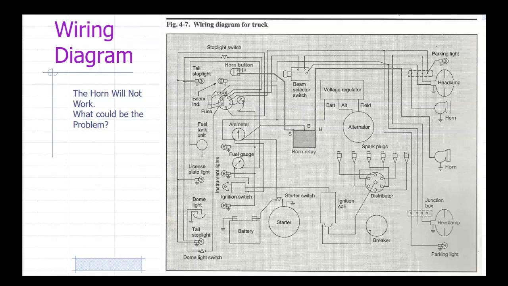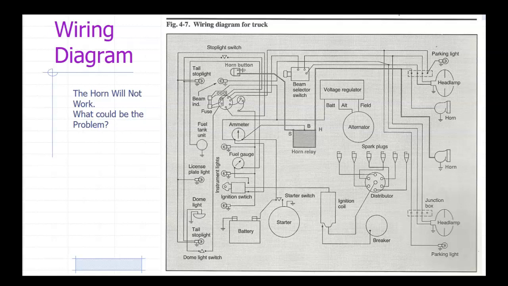So I'll start going. Start tracing your line. Where is it going? Oh, it comes all the way back here to the horn relay. Huh? Might have a bad relay.